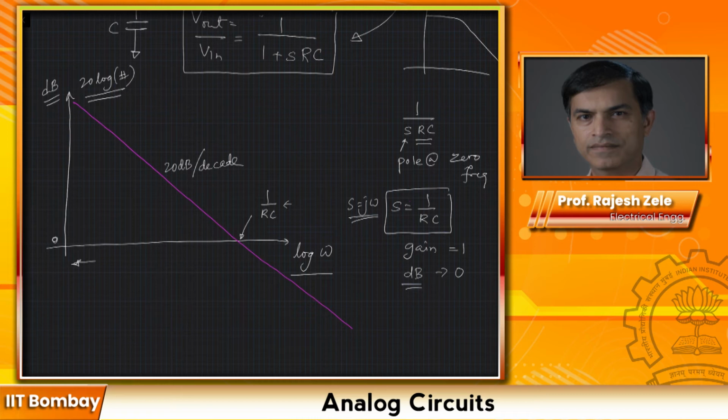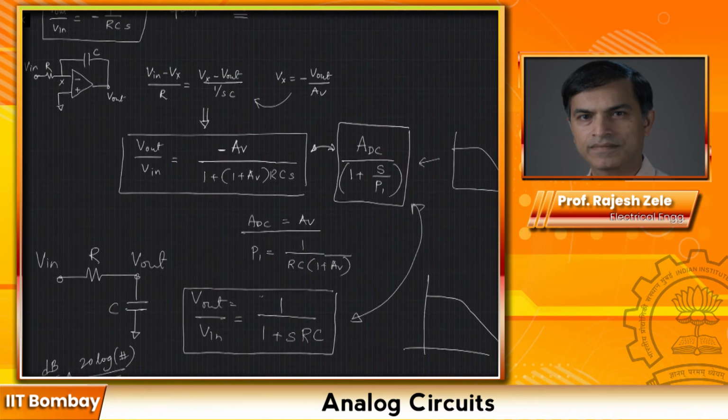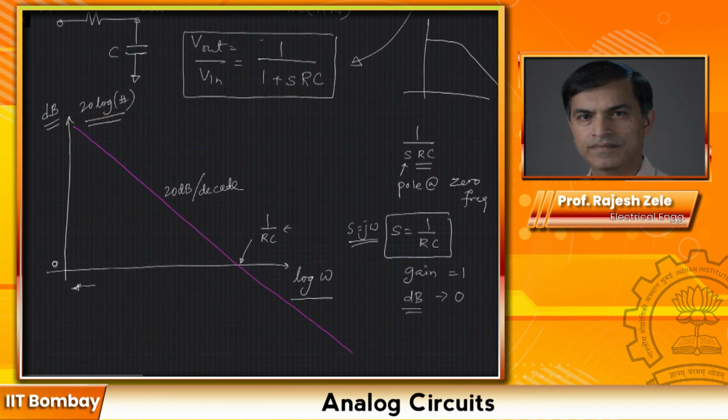Now, if you look at the effect of finite gain of the op-amp, then what happens? So we said that the expression is this right here. What this is telling you is that the DC gain or low frequency gain is equal to AV, which is the open loop gain of the amplifier. In this particular case, I'm going to draw it in green, and it looks something like this.